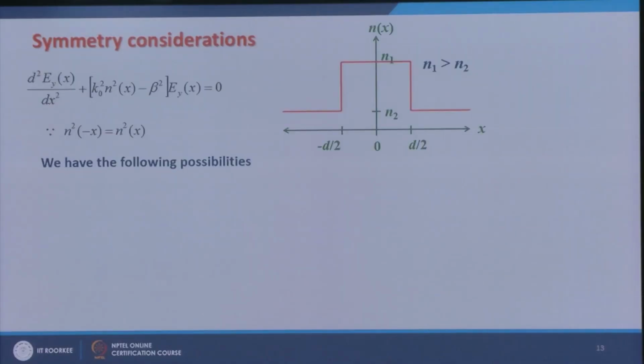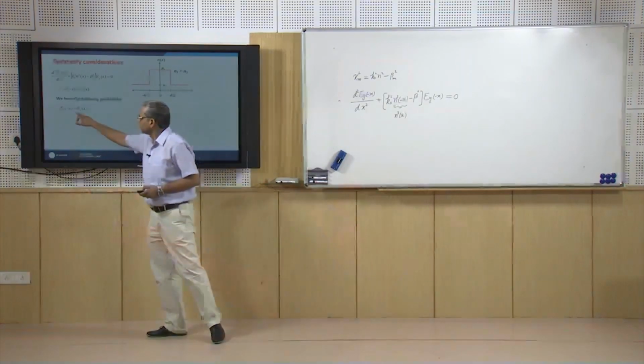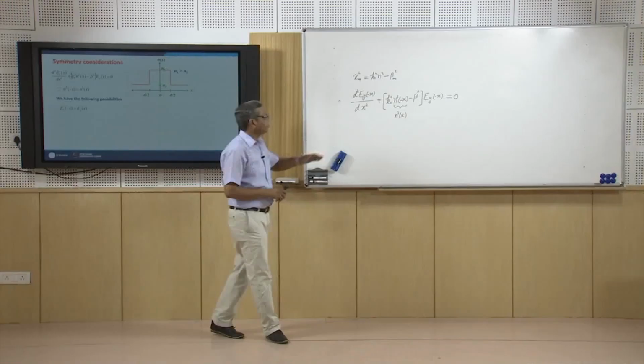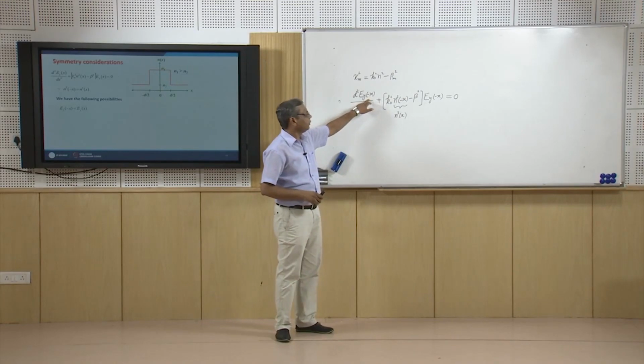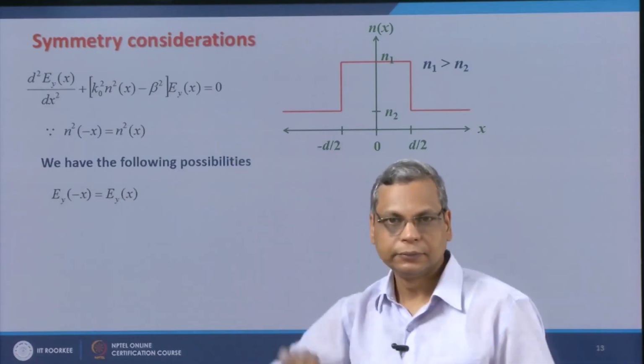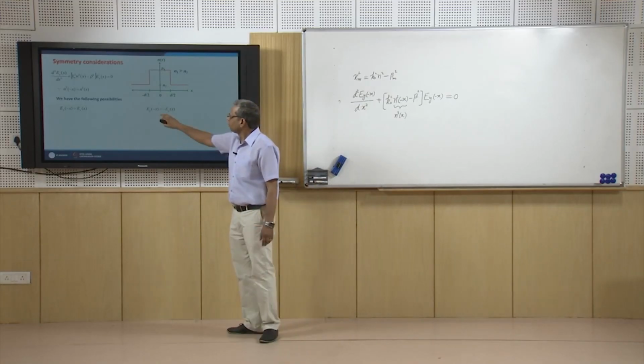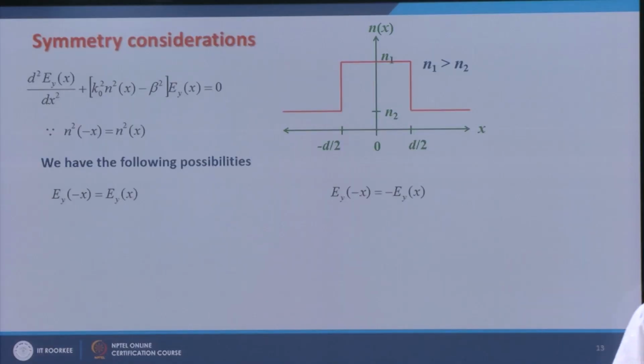I now have two possibilities. One is Ey of minus x is equal to Ey of x. If I put Ey of minus x is equal to Ey of x, I get back the same equation, or if I put Ey of minus x is equal to minus Ey of x, then also I get back the same equation.